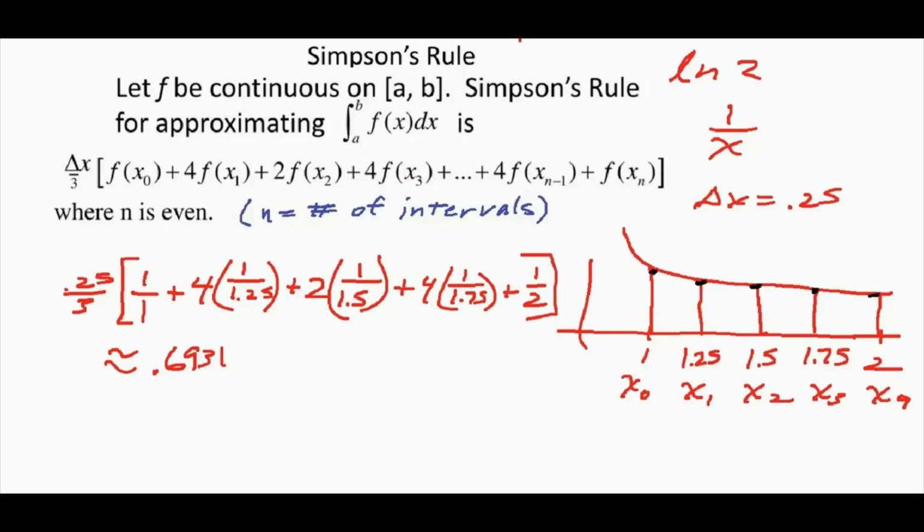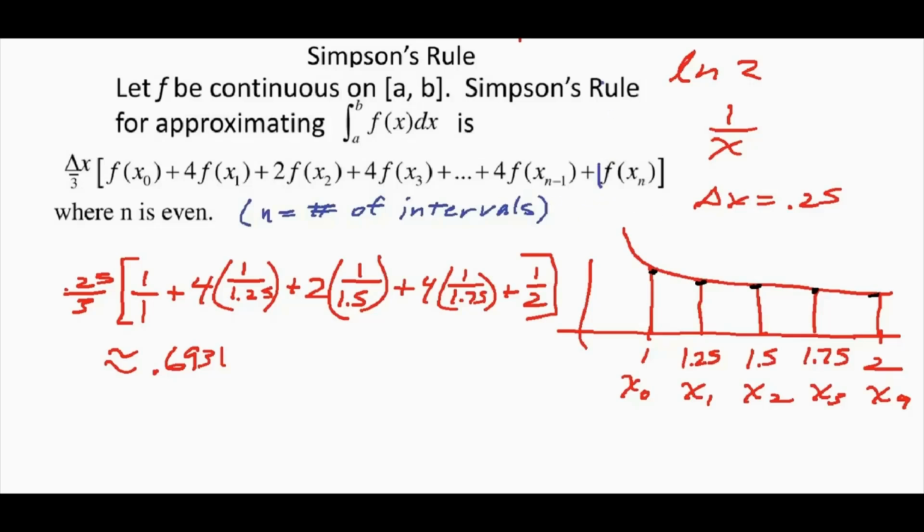Notice the formula. The first term has a 1 coefficient. The second one is multiplied by 4, then 2, then 4, then 2, then 4, then 2, all the way till the last term, which is again going to have a 1 coefficient.